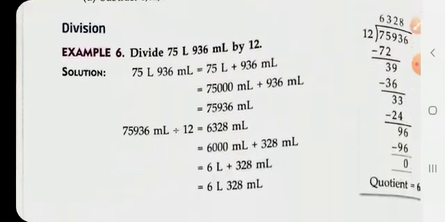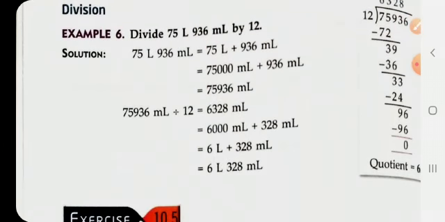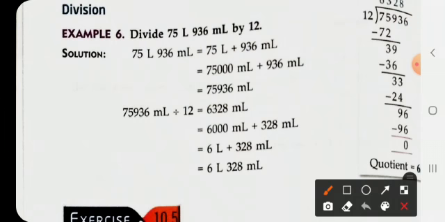And now coming on to division sums, the most important thing to be understood in this sum is that when we have a sum like 75 liters 936 ml divided by 12, we will have to convert the whole sum into milliliters.